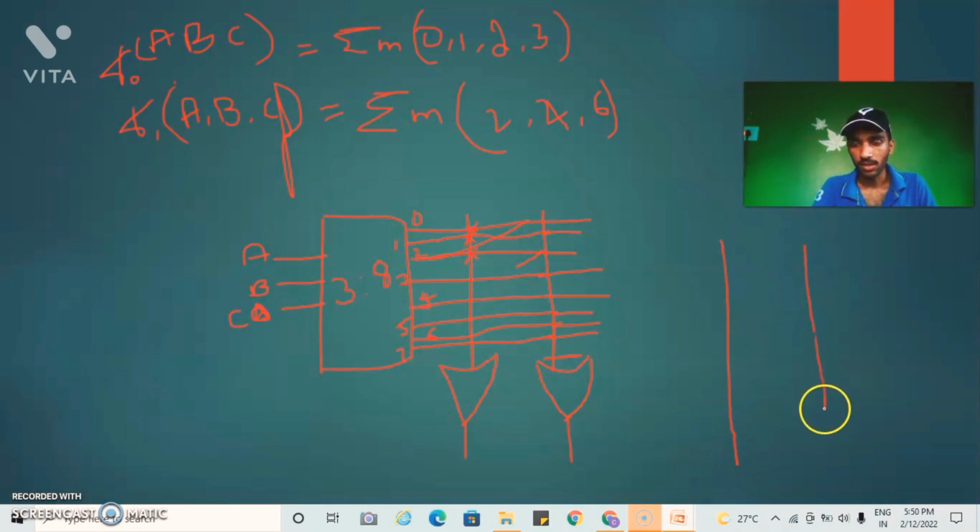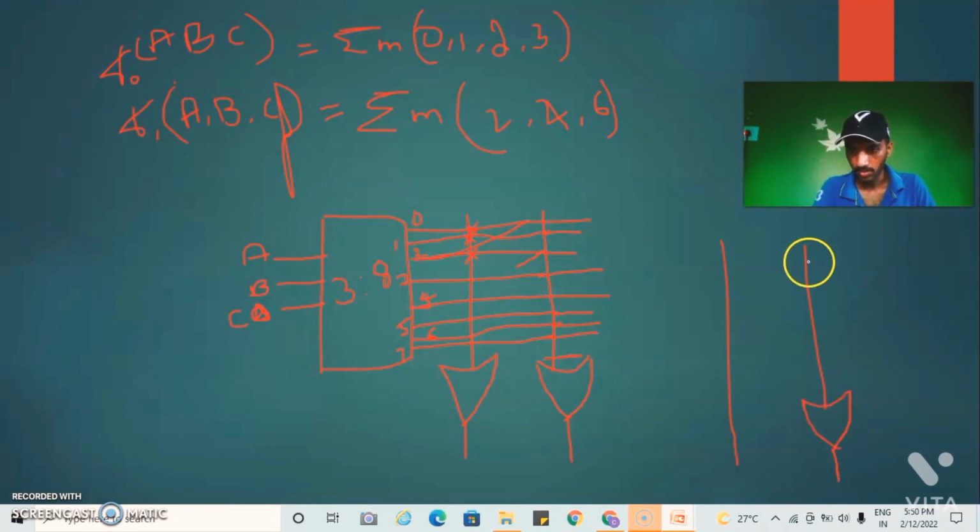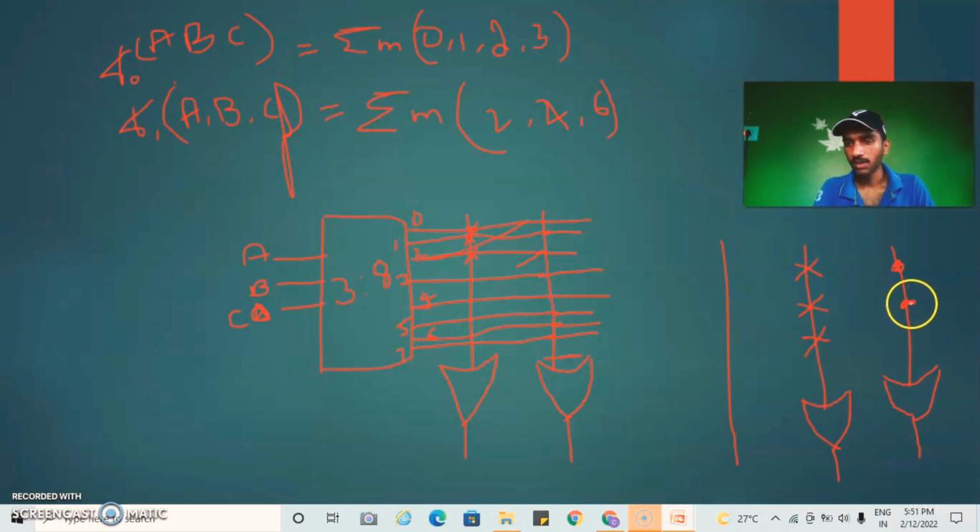If I connect data lines and word lines by using a cross connection, it means that I can vary the connections; they are not fixed. I can remove this, I can add some. But when we connect data lines and word lines with dotted marks, it means the connection is fixed.